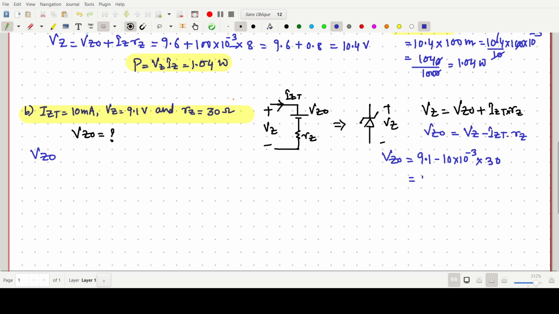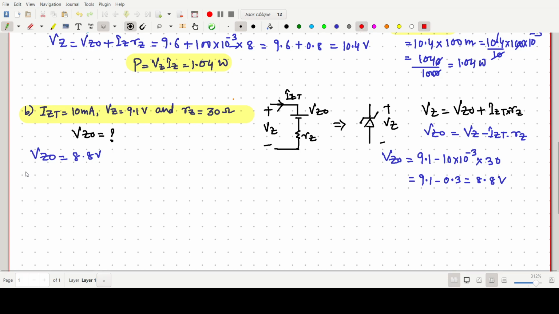If we solve 10 into 30, 300, so minus 0.3, it should be 8.8 volts. Simple calculation. VZ naught is now known to us, 8.8 volt.